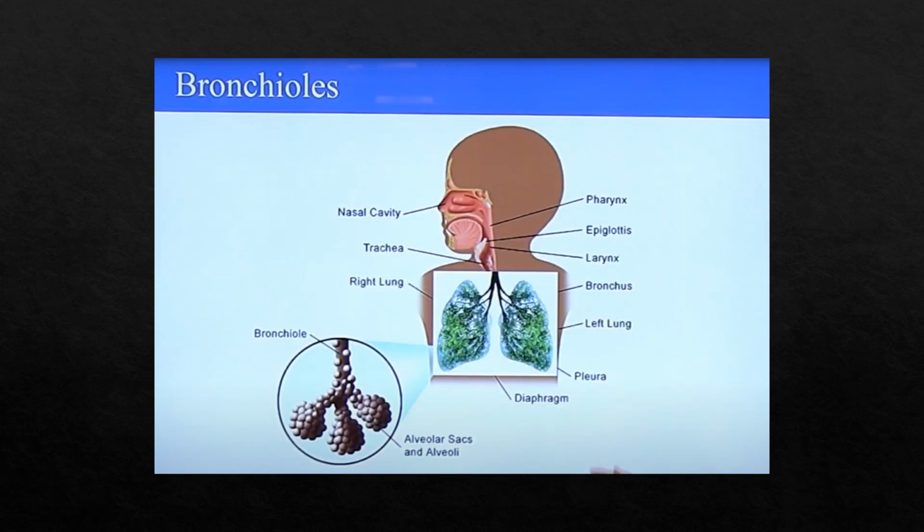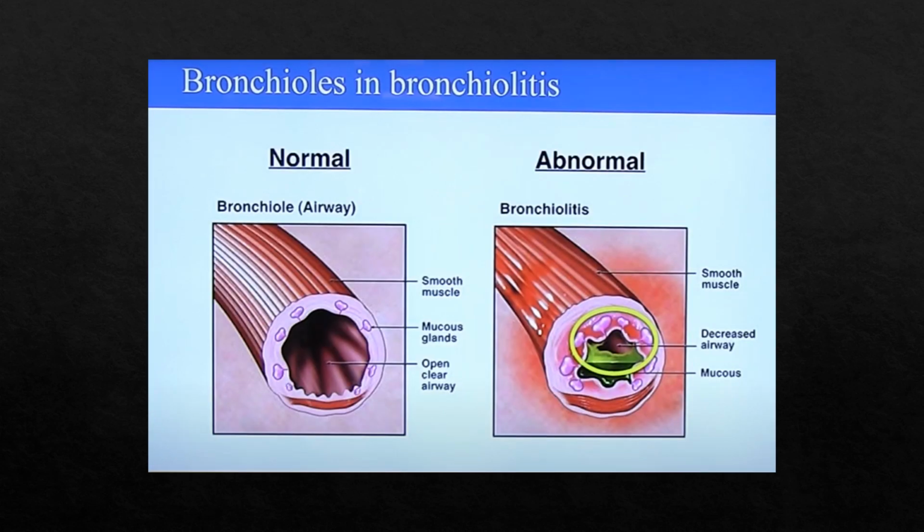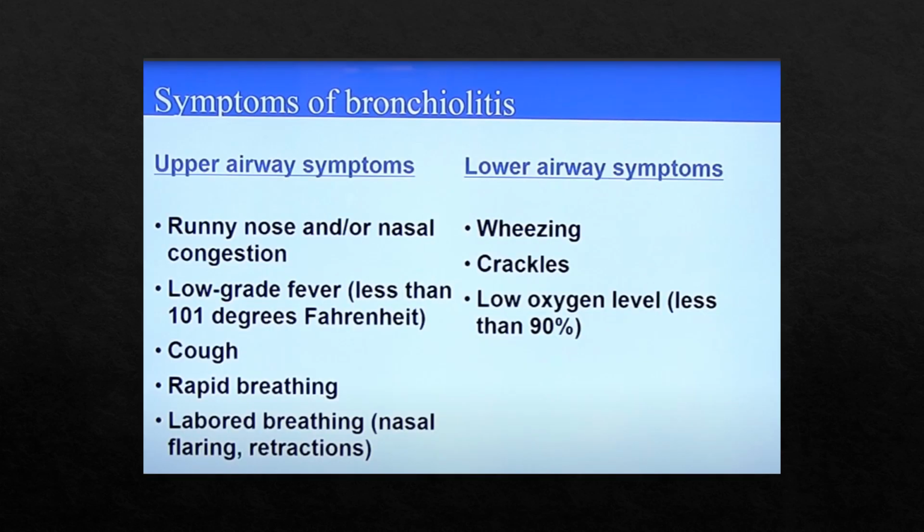And when we're talking about bronchiolitis, we're talking about the virus that gets into the bronchioles, which are the smallest airway tubes before it feeds into the alveoli. And this causes inflammation and swelling and mucus production, which decreases the airway and the space for air to travel, which leads to a lot of the symptoms that we see in bronchiolitis.